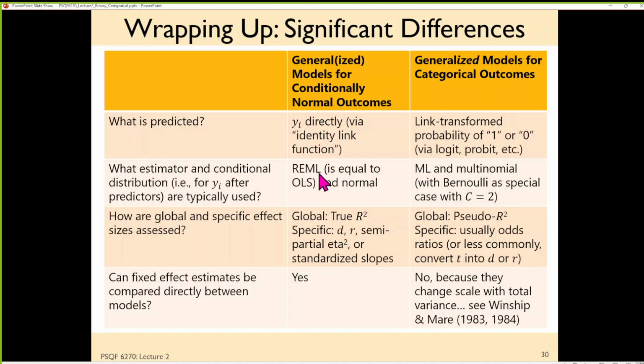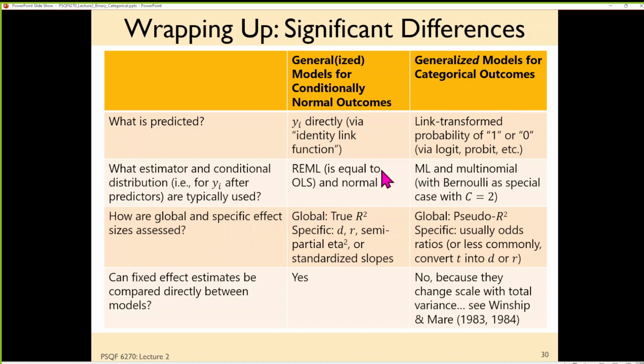In general linear models, the equivalent is actually something called residual maximum likelihood. And that is the same thing as ordinary least squares if you have complete data. So they don't tell you this, but actually you are using a type of likelihood estimation when you do regression in ANOVA. The conditional distribution is normal in general linear models, whereas it's Bernoulli if you have binary or multinomial if you have categorical.